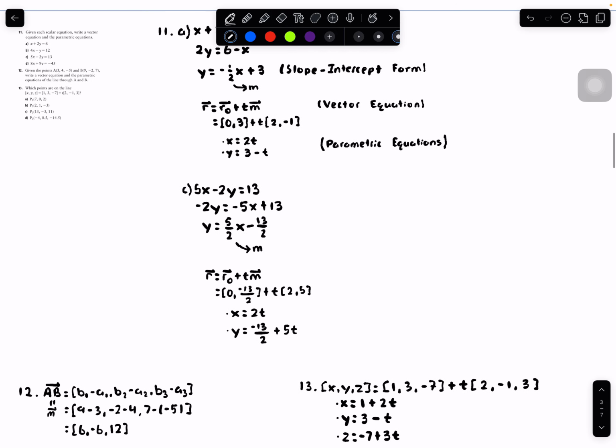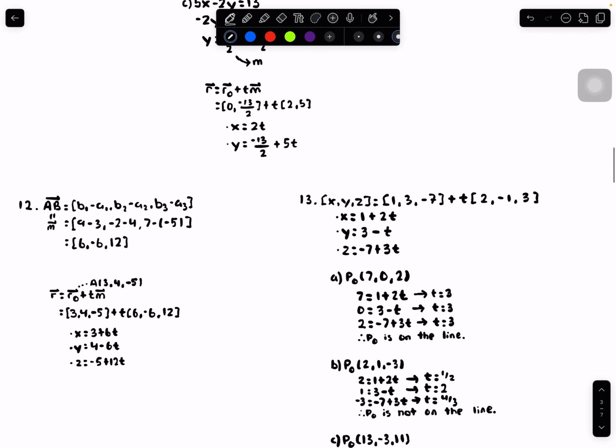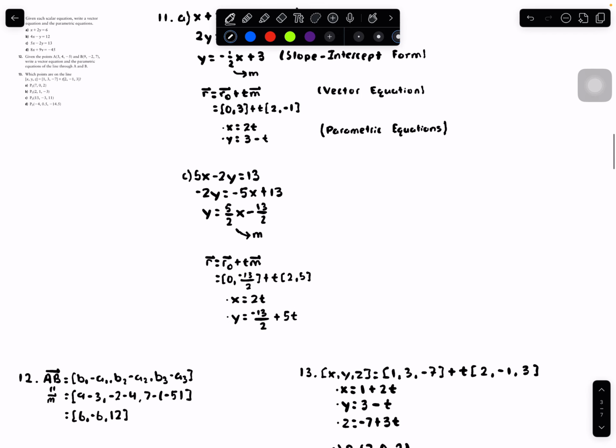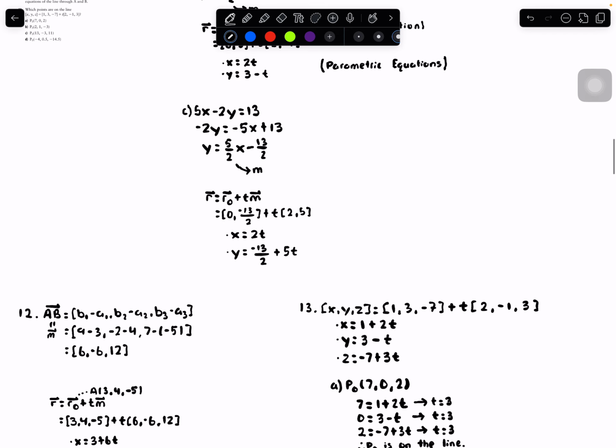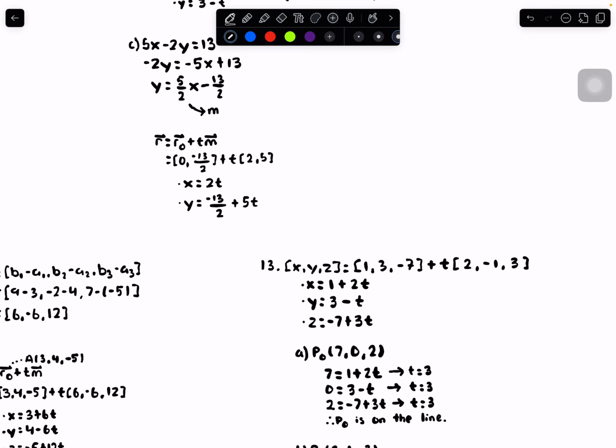Question 13 asks which points are on the line. I solved all of them, A, B, C, and D. So let's go over all of them. Similar to the last problem, I didn't even start before I at least wrote down my parametric equations. That's how you do all these problems involving whether a point is on the line, or later on, whether a point is on the plane.